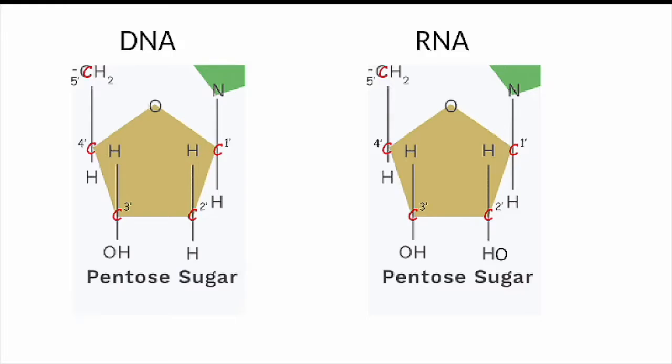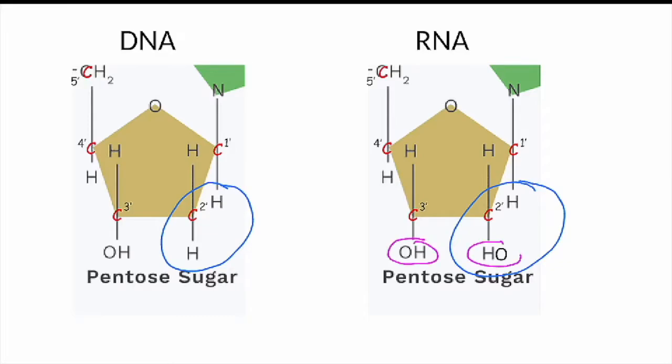If we look here at the 2' position on each of these pentose sugars, what we see is that in DNA, there's no oxygen, whereas in RNA, there's an O there, that's an oxygen, just like the one next to it. So here and here, both of these have an oxygen, whereas in DNA, the 3' has an oxygen, but the 2' is missing an oxygen.